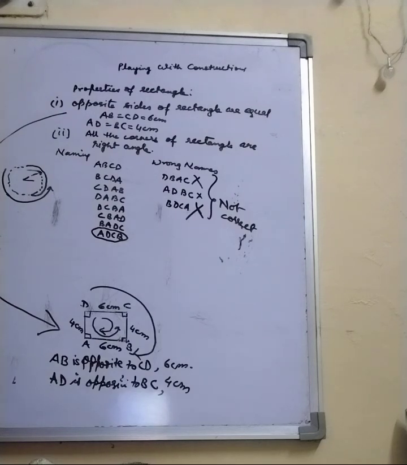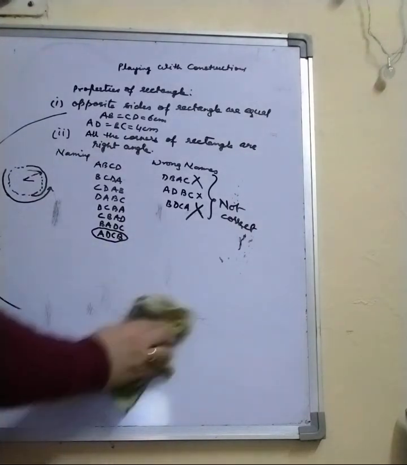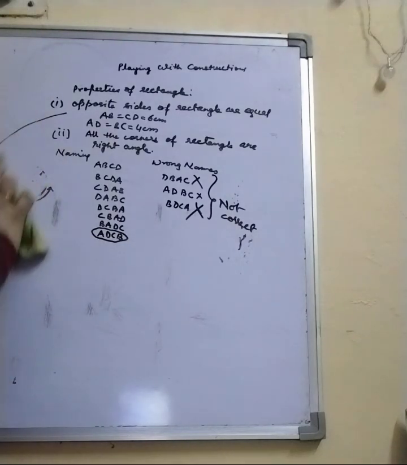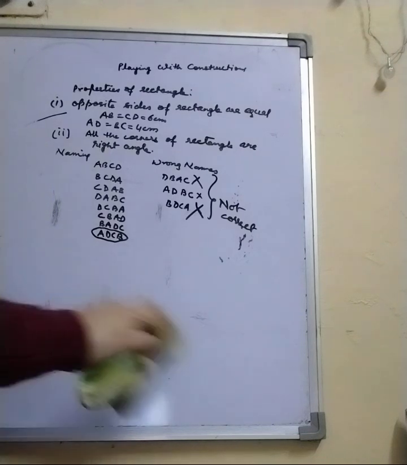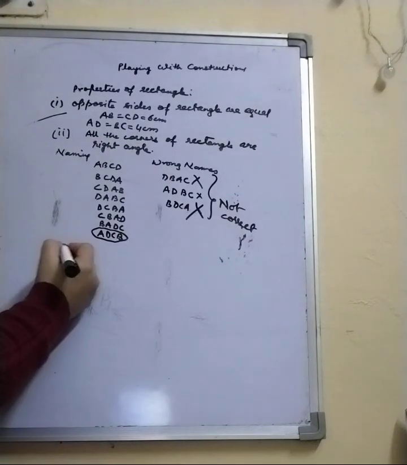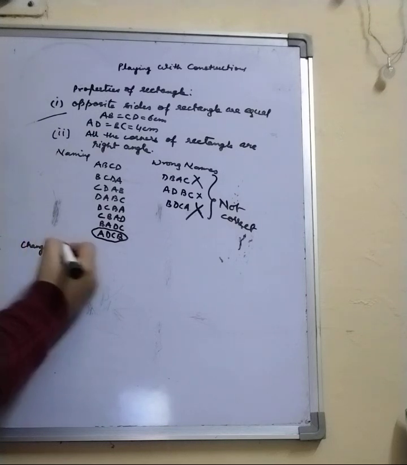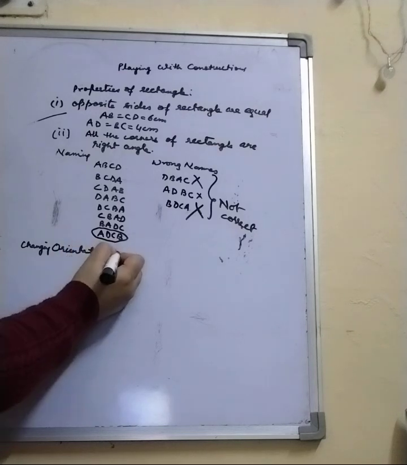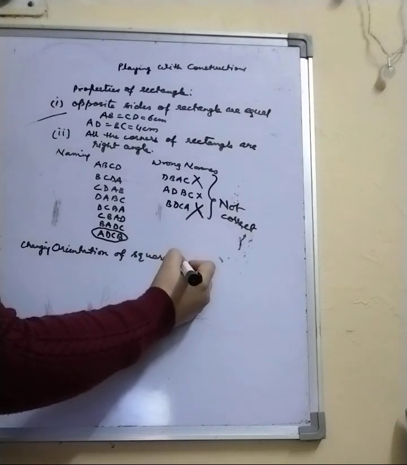Now we come to rotated squares and rectangles. Rotated means you change the orientation, like you change the orientation of angles. Similarly, when you change the orientation of a square or rectangle.